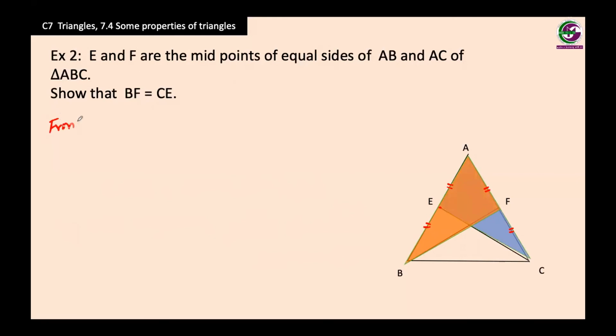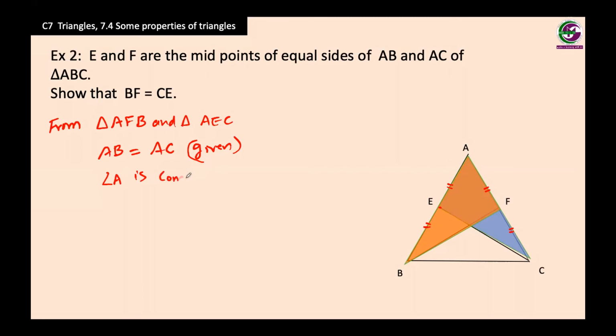From triangle AFB and triangle AEC, we can see that AB is equal to AC because it's given, two equal sides. Angle A is common because angle A is for the brown triangle and for the blue triangle, so it's common.